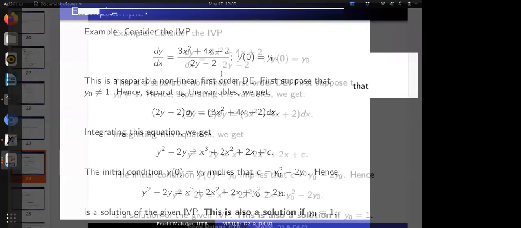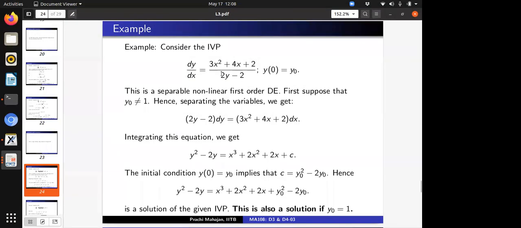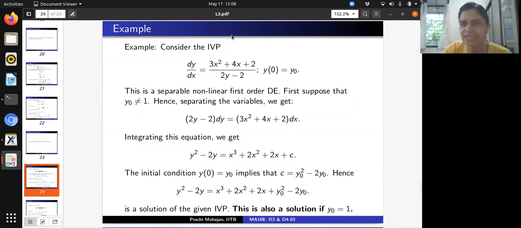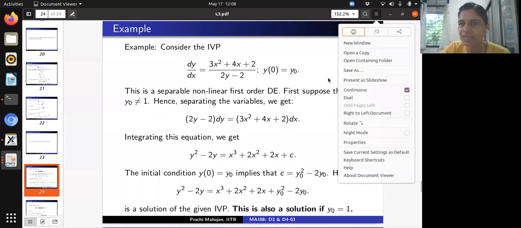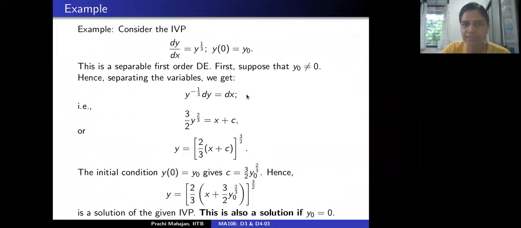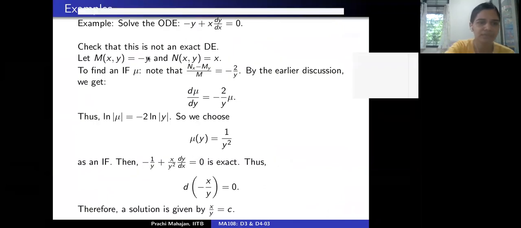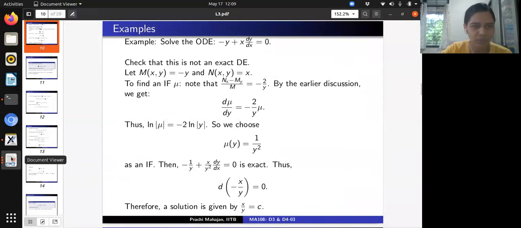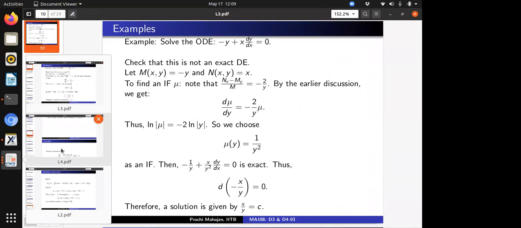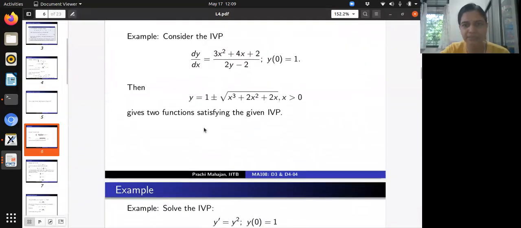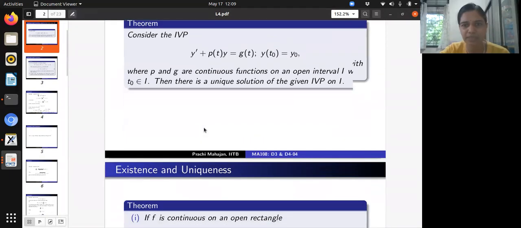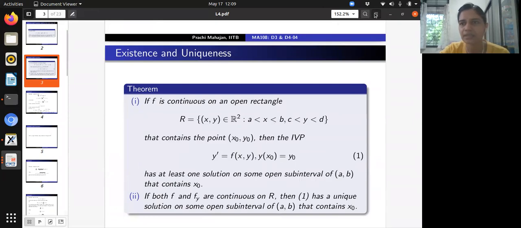Anything else? Ma'am, is there anything such that the interval of uniqueness should be symmetric about the origin? There's nothing like that, in just this example it so turned out. This theorem was done in lecture 4, maybe, the existence and uniqueness theorem. Let me pull out the statement. Here it is.